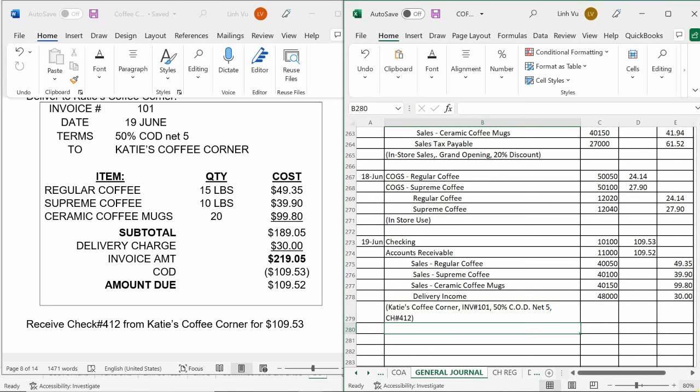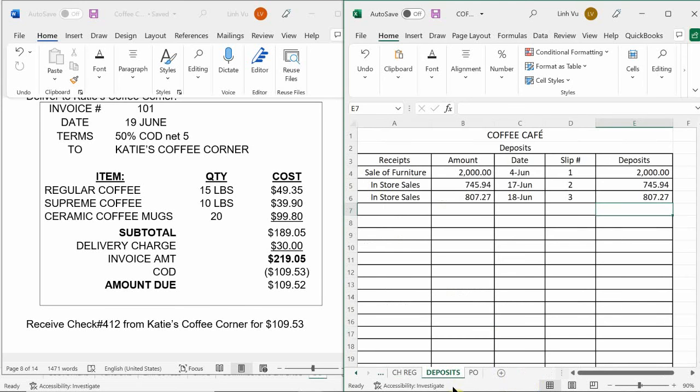Okay. So there's a lot of things that we have to do with this particular transaction. Starting with the first thing, we received money. What do we do with that money? Deposit. Let's deposit that money. Okay. Well, we won't deposit yet. We'll wait till the very end of the day to make our deposit, but let's at least put it in our deposits record so we collect the money, right?